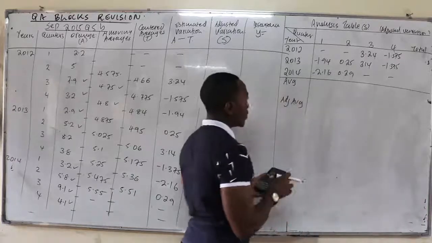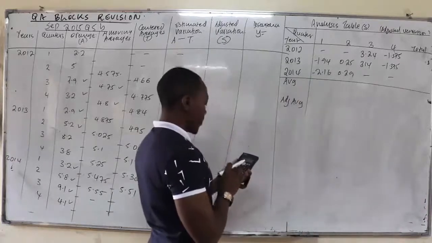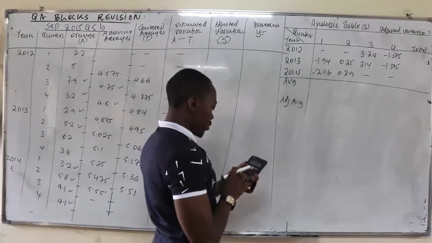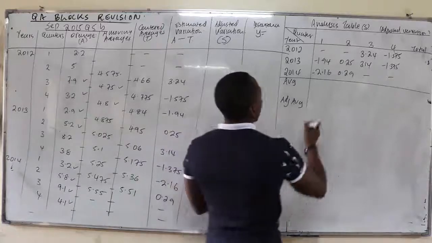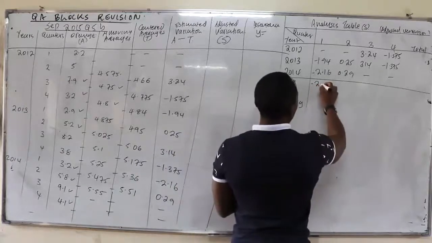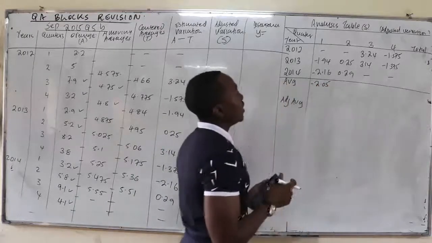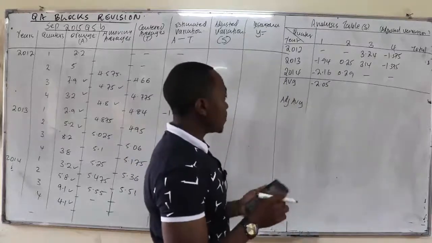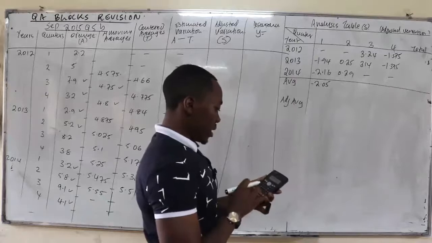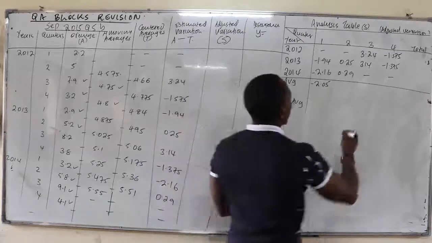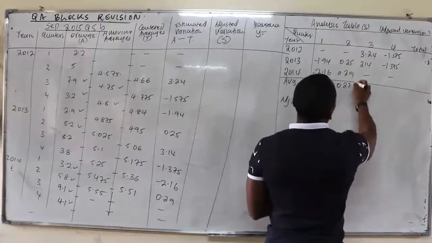For example, in quarter 1, you take 1.94, you add 2.16, and then you divide by 2. You have negative 2.05. In quarter 2, you take 0.25, you add 0.29, then you divide by 2, get 0.27.